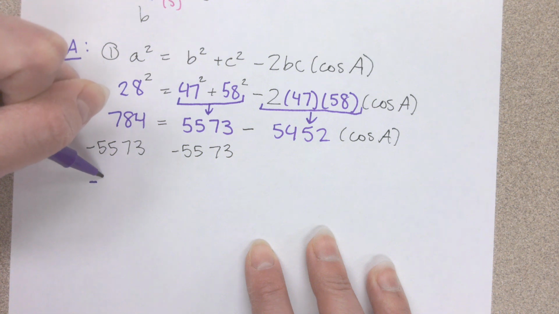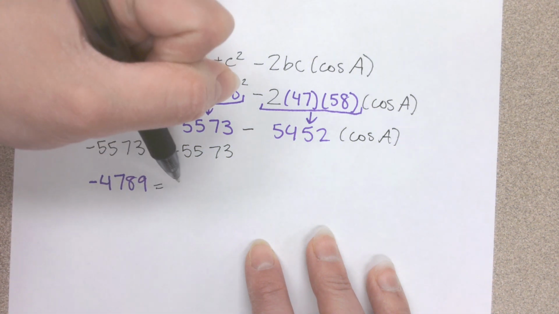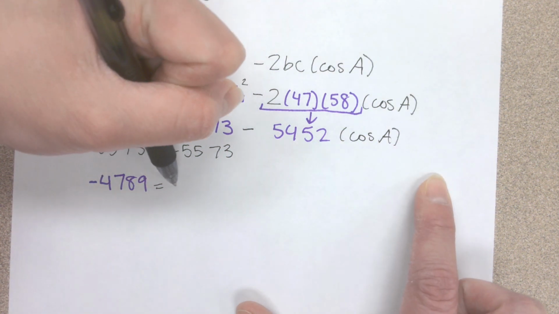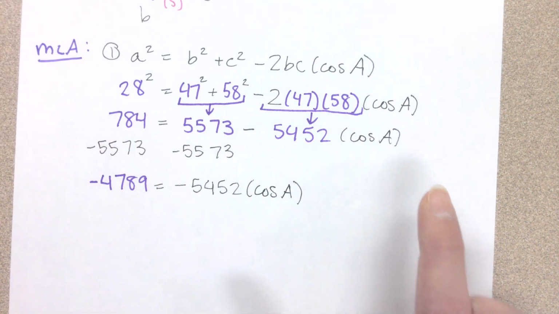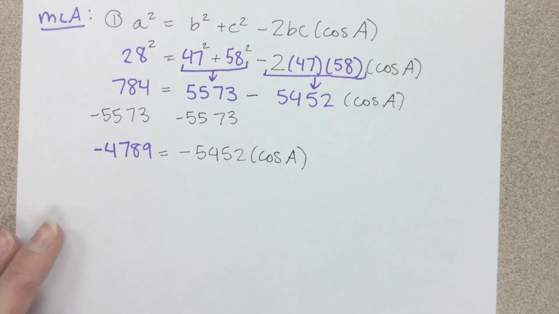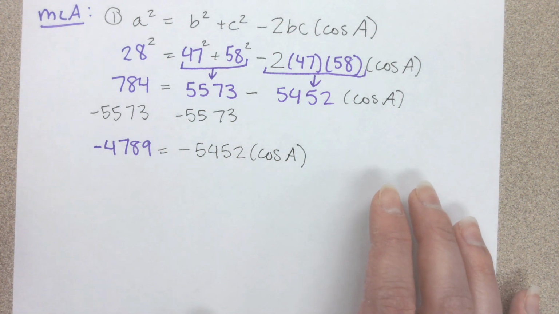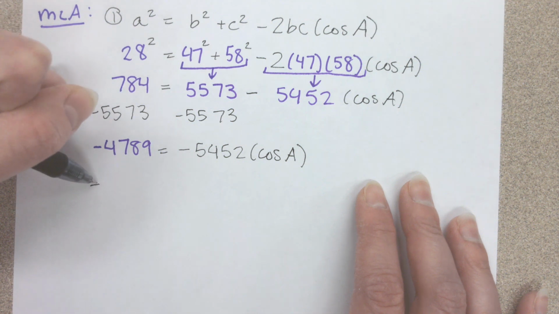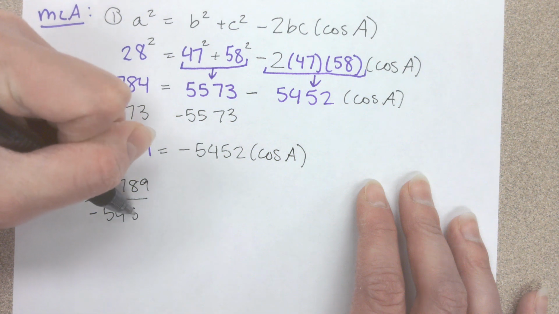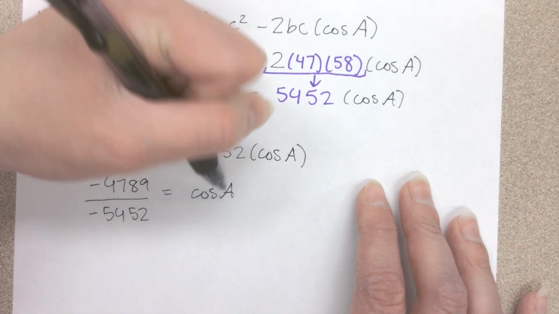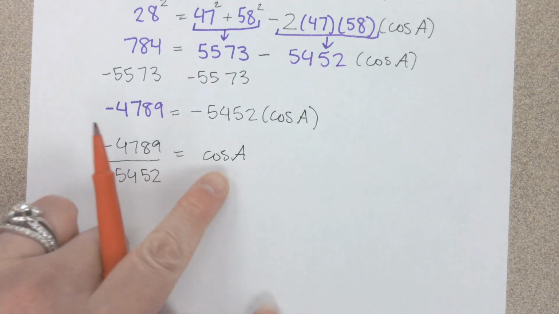Subtracting, I now have negative 4,789 equals, now we just have this here, negative 5452 cosine of A. Next, I will divide this off on the left side. And we now have negative 4789 over negative 5452 is equal to cosine of A. Final step. Inverse cosine to flip it over to the other side.